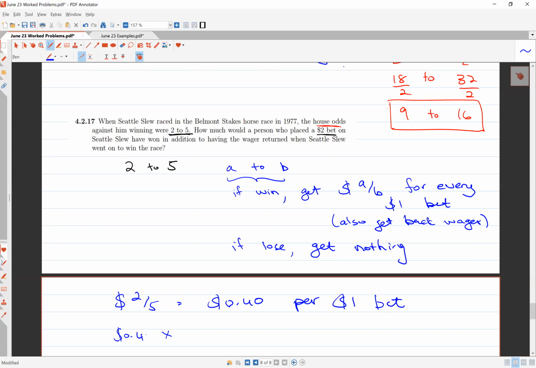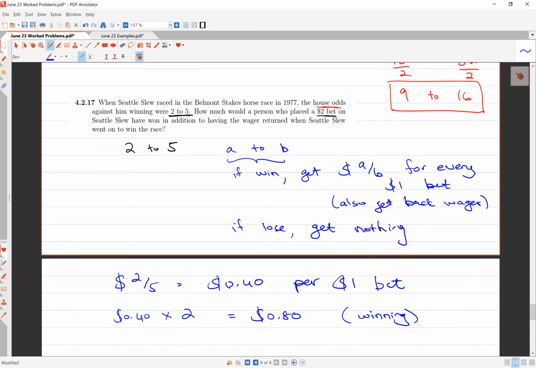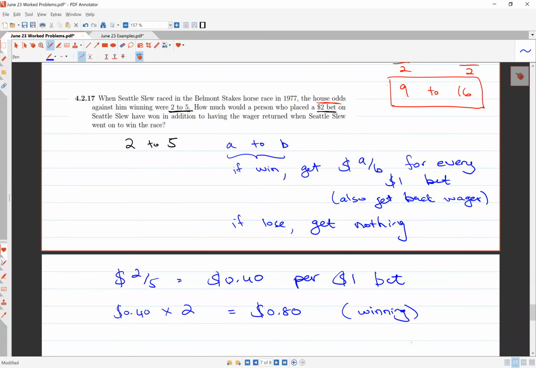And you bet $2, so you will win 80 cents. That's how much you win here, A over B for each dollar bet. But just remember, you also do get your $2 back. So you get back the $2 plus the winnings of 80 cents.